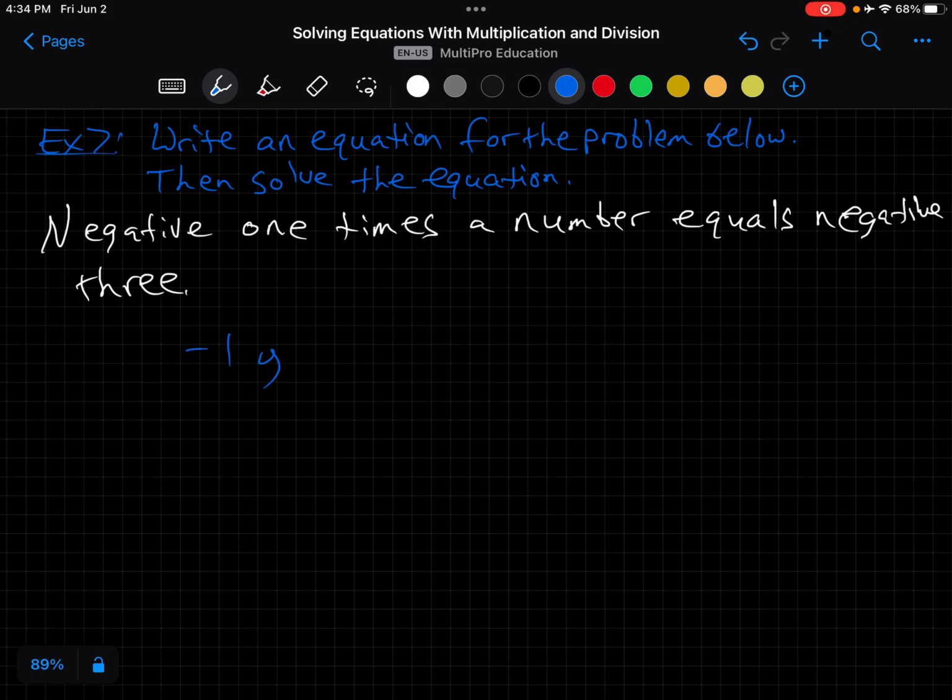Well, we get to choose what that number is because we don't know what it is. We'll just choose y. Equals negative 3. Alright, so we did the first part. We wrote an equation for that problem. Now we have to solve the equation. What are we solving for? Y. So let's divide each side by negative 1. So we find that y is equal to 3. Great job.